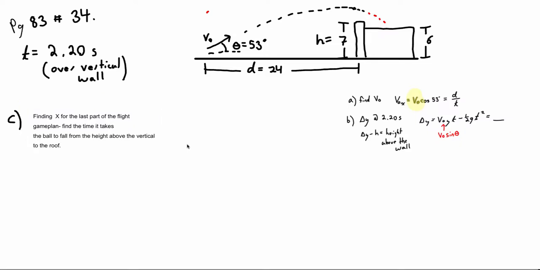Alright, so for the time to drop, this is where in class we practice the quadratic formula, and you actually have to solve this with the quadratic formula, because if we set up our formula, delta y is equal to v0y times t minus 1/2 gt squared. So I'm trying to find the time.